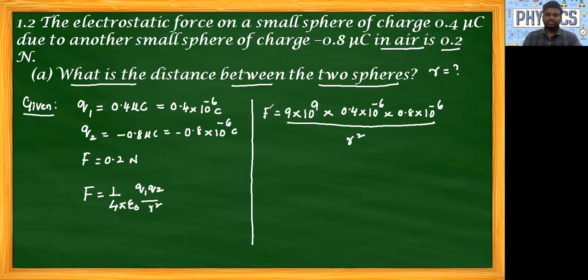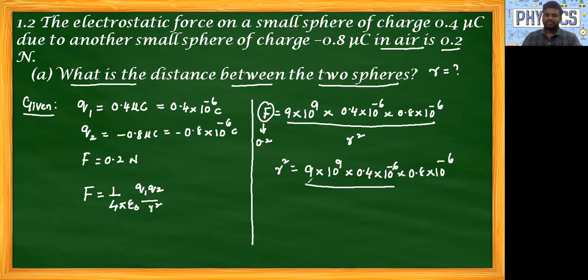Then force, we know, is 0.2. Then R square is equal to 9 into 10 to the power of 9 into 0.4 into 10 to the power of minus 6 into 0.8 into 10 to the power of minus 6 divided by 0.2.